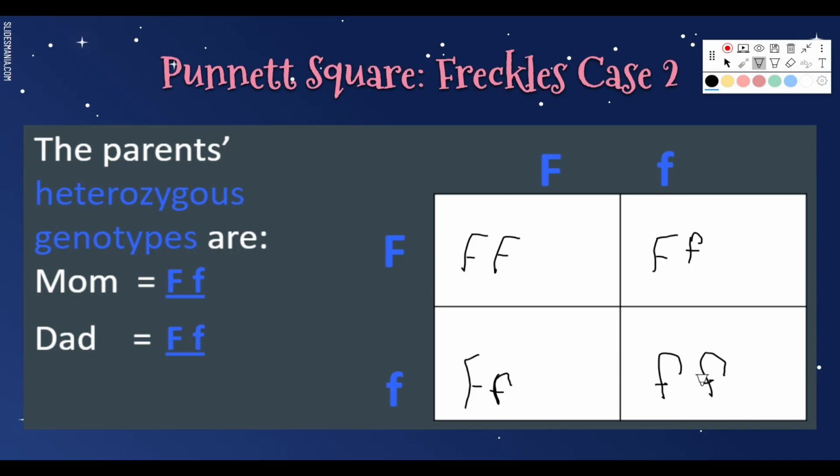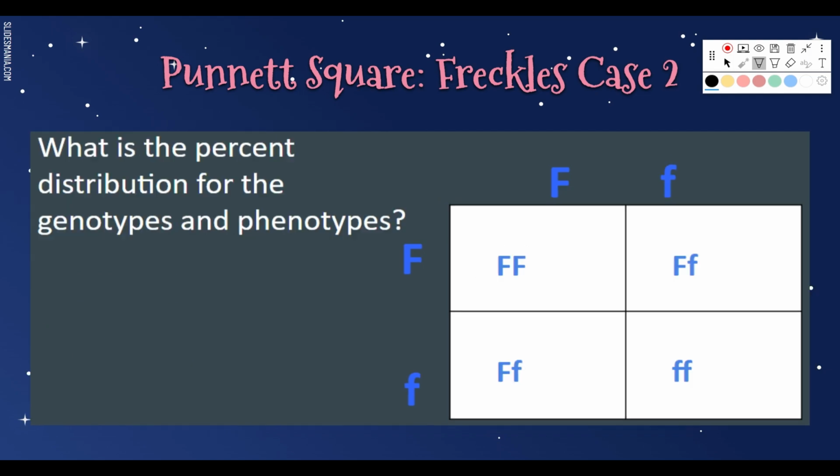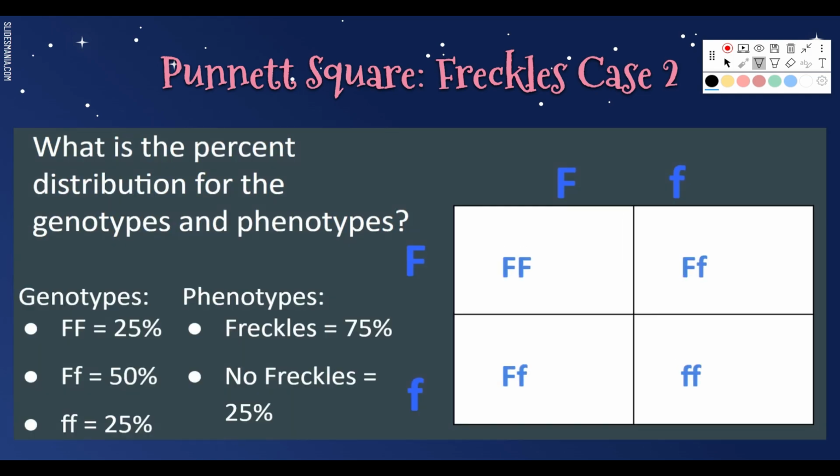So right off the bat, you realize that not all these kids are going to have freckles. Here you see that for the genotypes, 25% are homozygous dominant. This one right here is homozygous dominant. Then you see 50% are heterozygous, this one and this one.